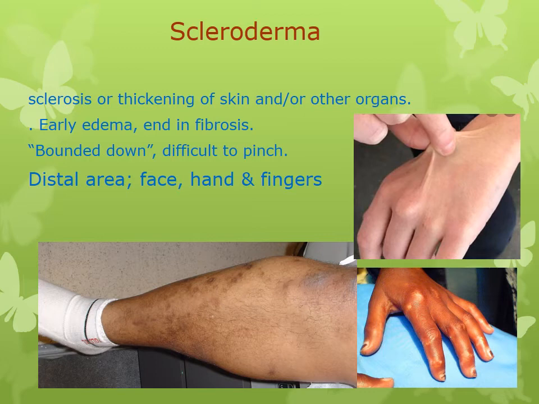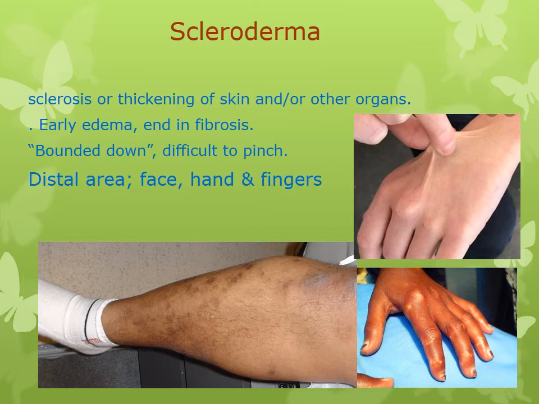The third autoimmune connective tissue disease is scleroderma. Scleroderma is sclerosis of the skin plus or minus other organs. In the skin, it starts with early edema and ends with fibrosis. The skin looks bound down, which is very easy to appreciate on the hands.